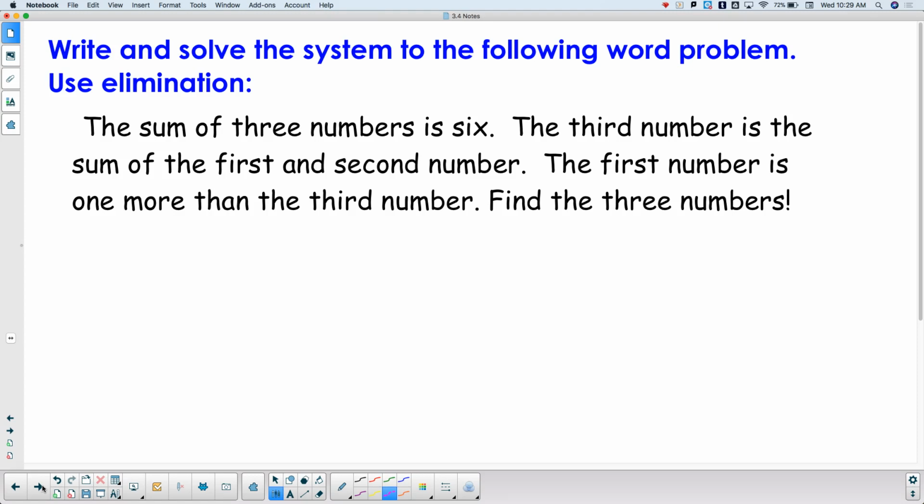First thing you got to do is read it. Second thing you got to do in a word problem is, what do you got to do second in a word problem? Come up with the variables and then label what they are. Okay, yep. So you got to define your variables.